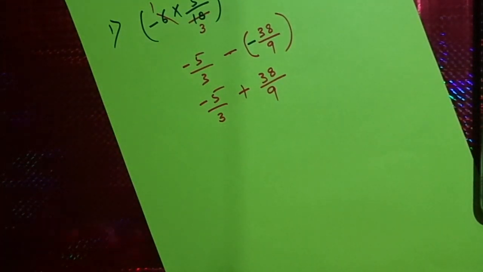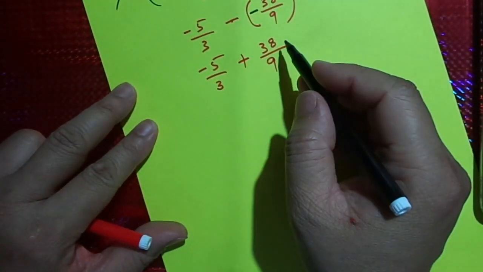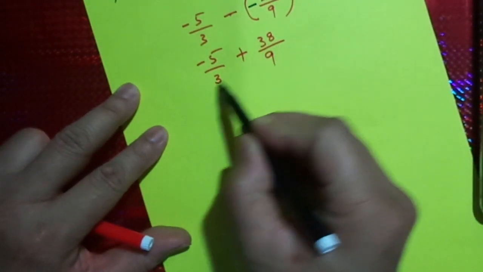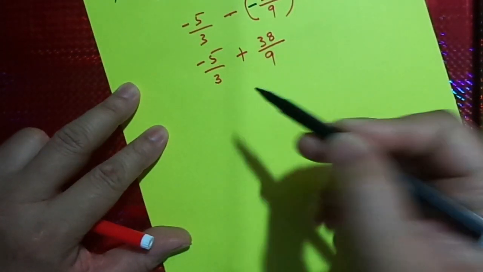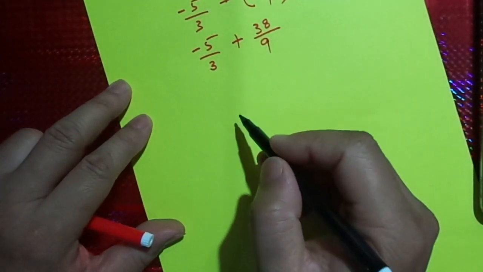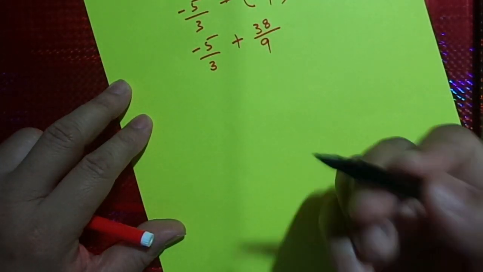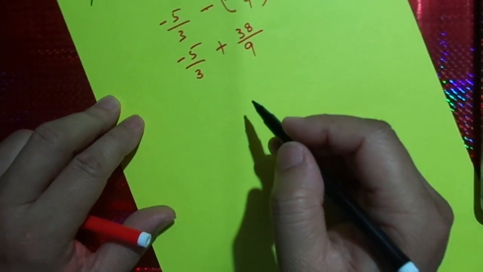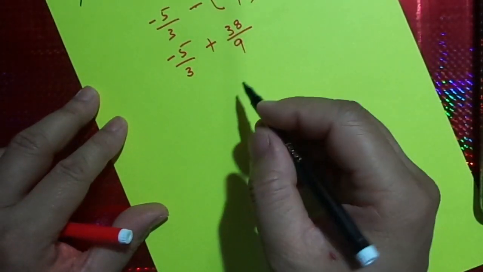Now, as I said, when two fractions are to be added, their denominators are to be made same. Either you can adopt this method or some other method, but the method should be the same.